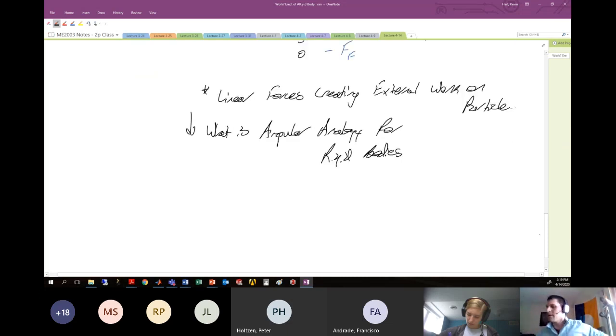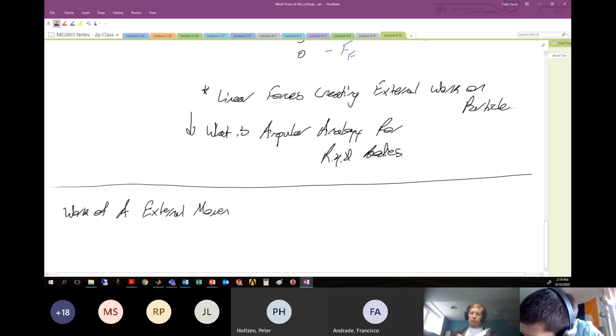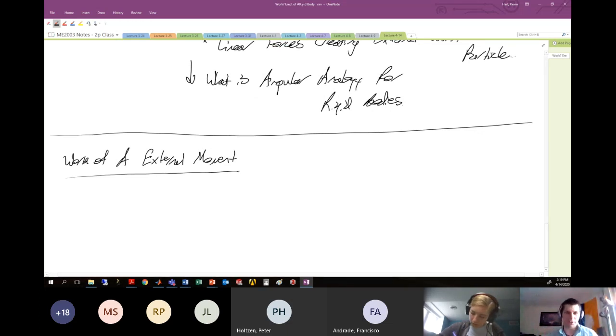All right. So we have external work done by forces on an object. What about external work done by moments on an object? Okay, in the work of an external moment, when we talk about moments, we have to have some volume for this to work.